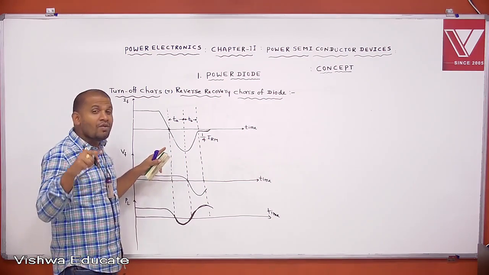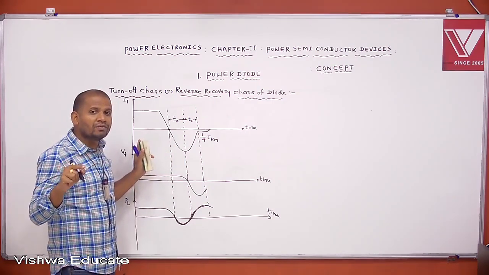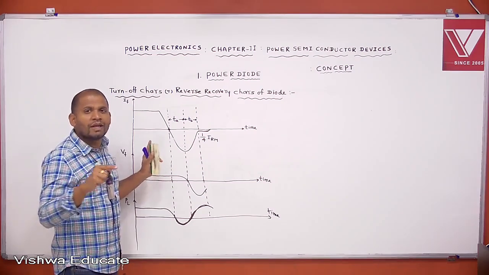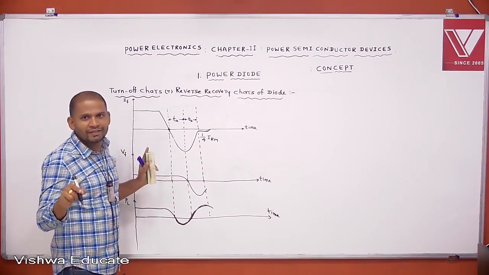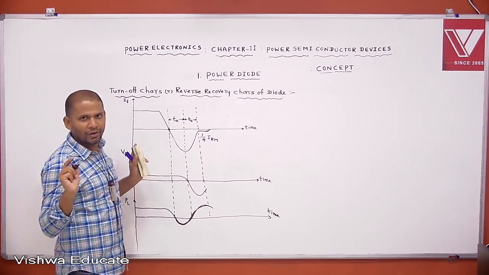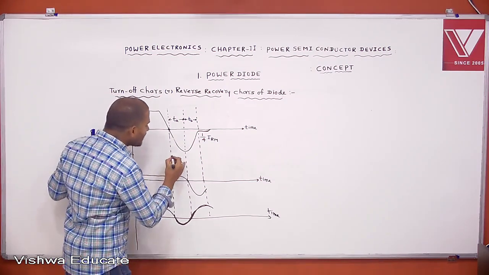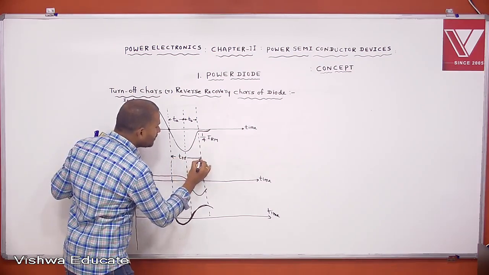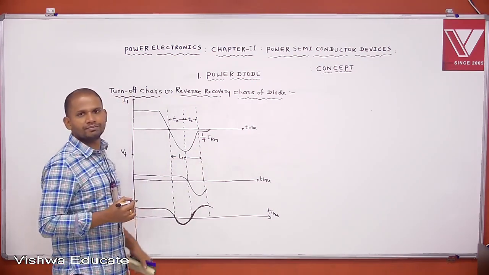Understood? When the diode is perfectly turned off, the total current through the diode is 0. Only then can we say the diode is perfectly turned off. This time is called the reverse recovery time.